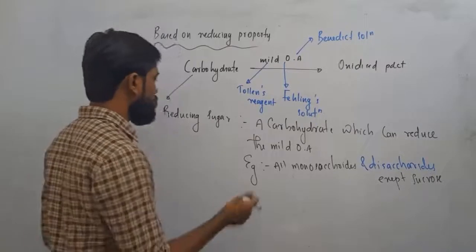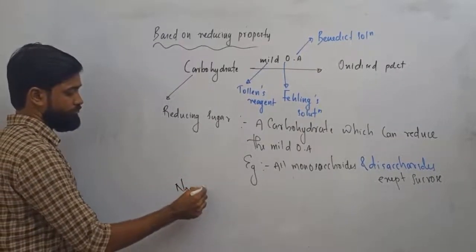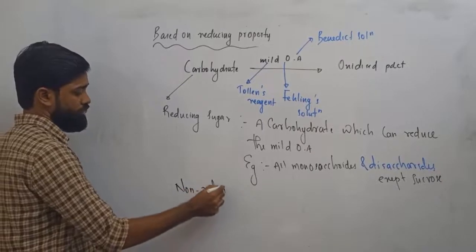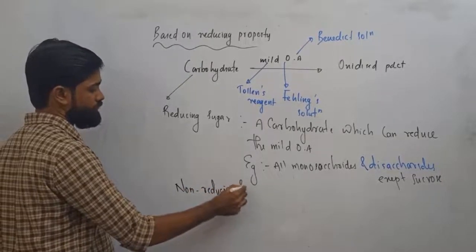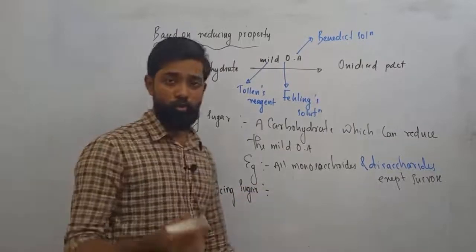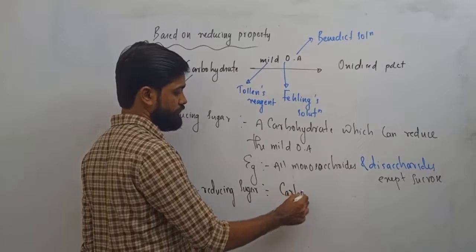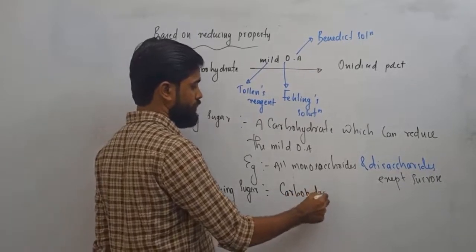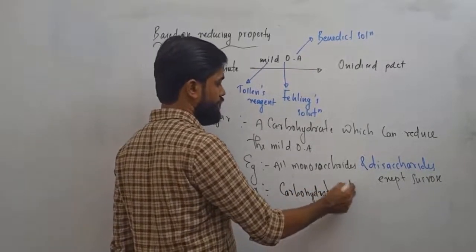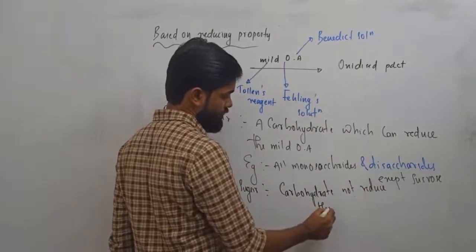One more thing is non-reducing sugar. Non-reducing sugar means the carbohydrate is not able to reduce the mild oxidizing agent.